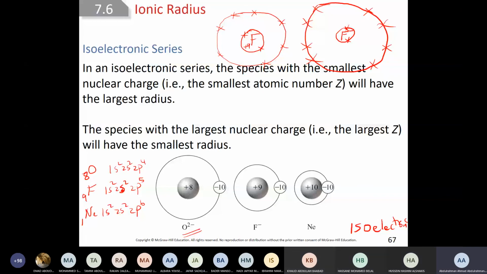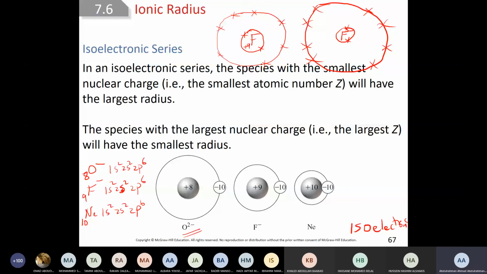And neon? 10. And look at the periodic table. These are the numbers available in the periodic table. All right. Now I will make all of them O2 minus, F minus, and neon, with 2p6 and the same structure.